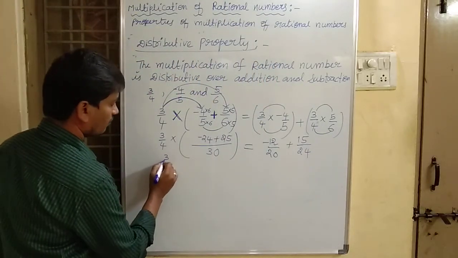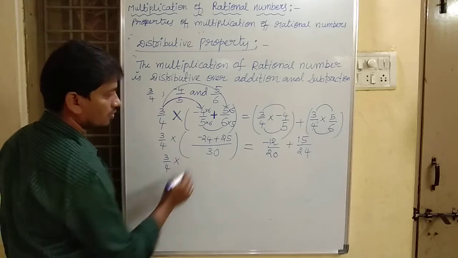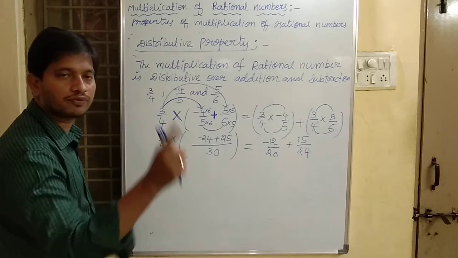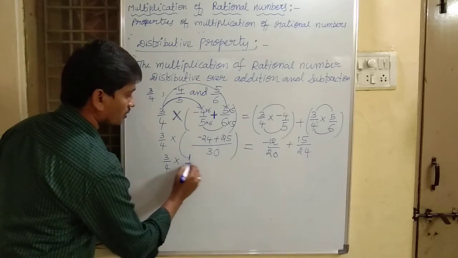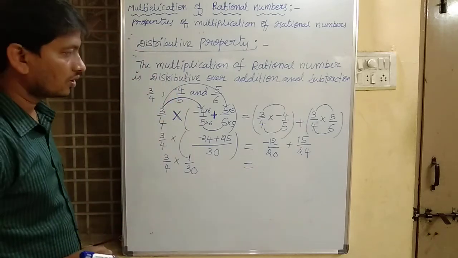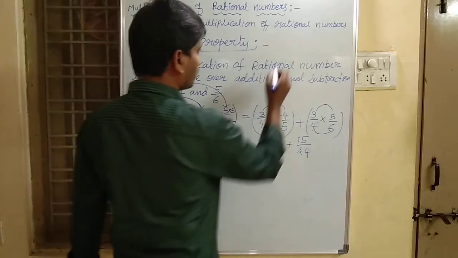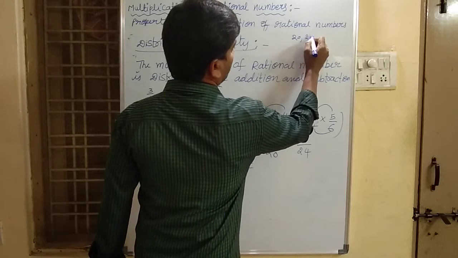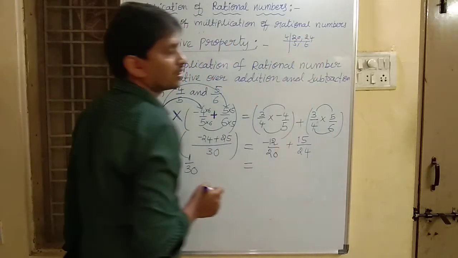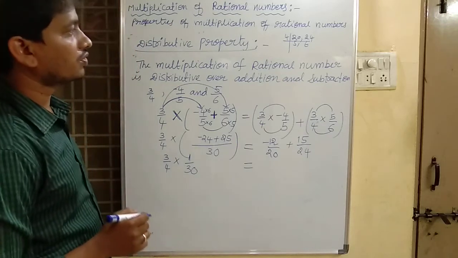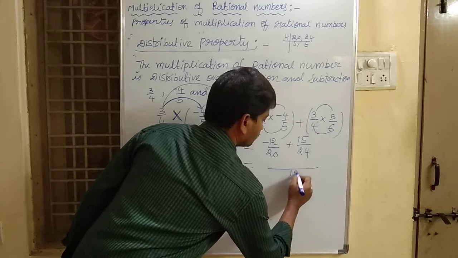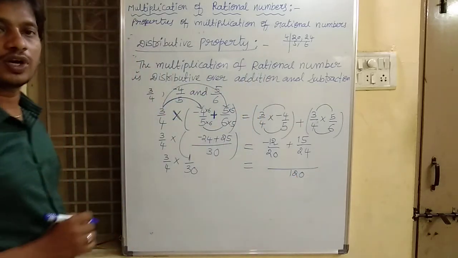Now 3 by 4 into minus 24 plus 25, that is 1 by 30. Now what is the LCM of 20 and 24? 4 fives are 20, 4 sixes are 24, 4 into 5 into 6 is 120. LCM is 120.